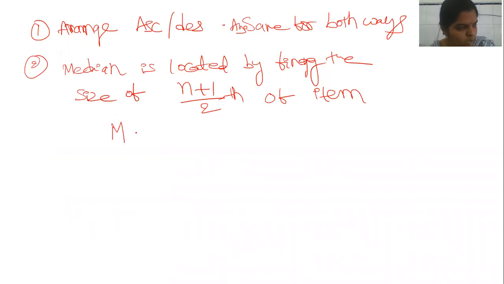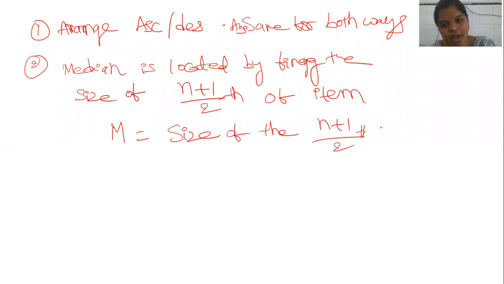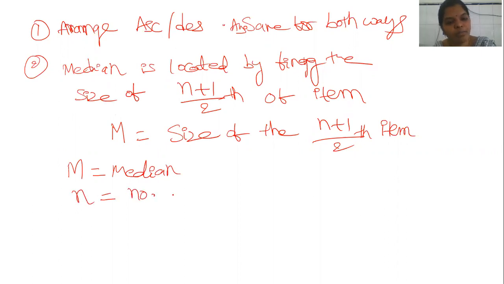So M is equal to size of the (n plus 1) by 2 th item, where capital M is equal to median and small n is equal to number of observations.